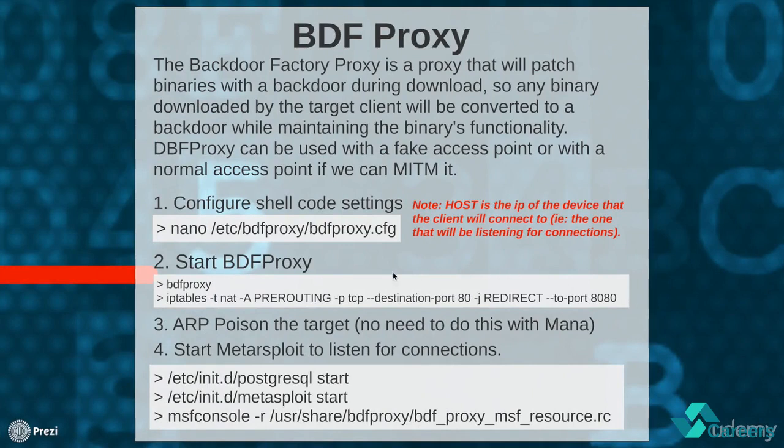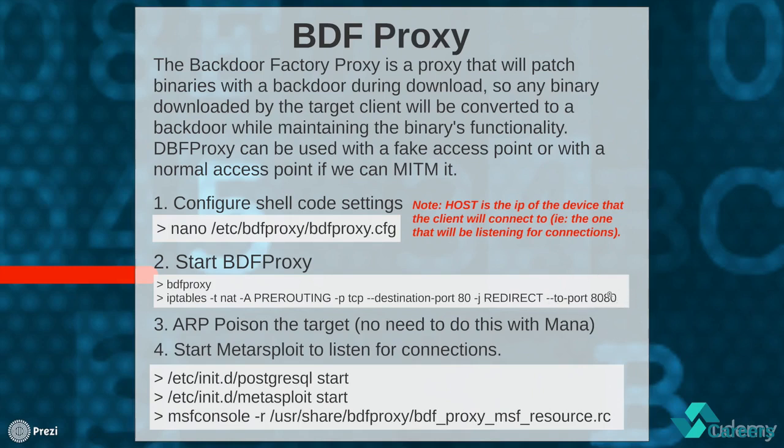I'll do it next. But before I do that, I'm going to start my backdoor factory proxy. And after I do that, we're going to do the same thing we did with the SSL strip. We're going to use iptables to redirect any packet coming on port 80 to 8080. We're going to do this because backdoor factory runs on port 8080.